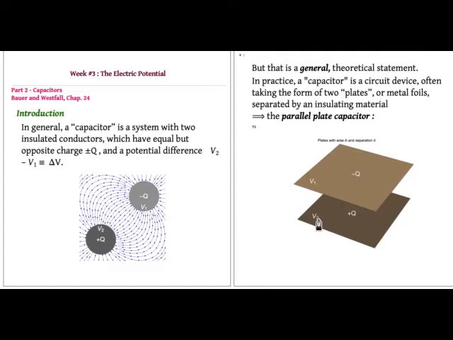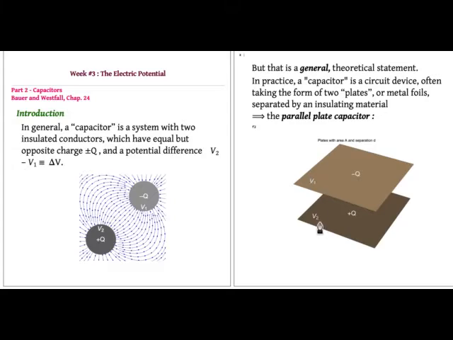And there'll be an electric field which is concentrated in the region between the two plates, especially if they're close together. And we'll see in a little while that to make a large capacitance, the plates should be close together.